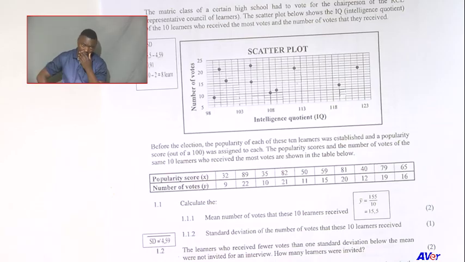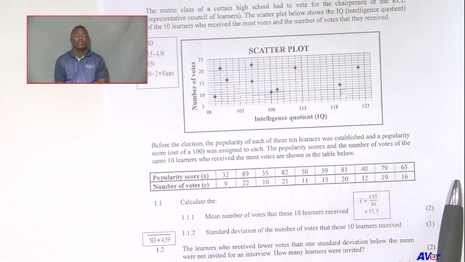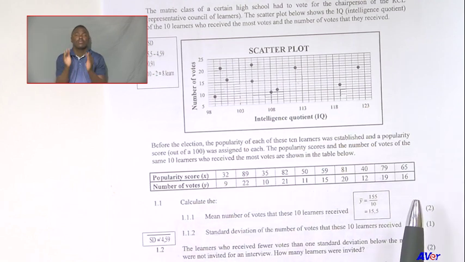Okay. Now people, let's quickly understand this. I'm going to tell you what is asked in every paper. They can ask the mean of discrete values. Now, these are discrete values. So how do you find the average or the mean of discrete values? It is the sum of the scores over the number of scores, correct? They can also ask you the mean or the average of grouped data.